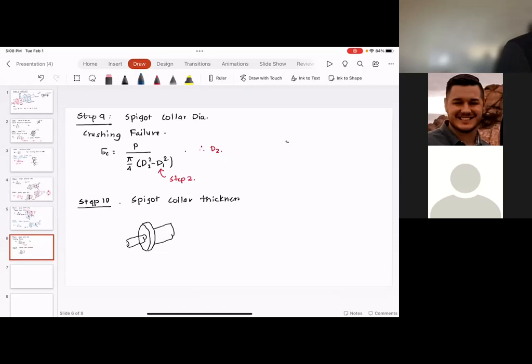So this is the Spigot end, and think about what would happen is this collar would actually slide through this rod. This collar, this is the rod diameter, this is the Spigot diameter, and this collar would actually slide through.